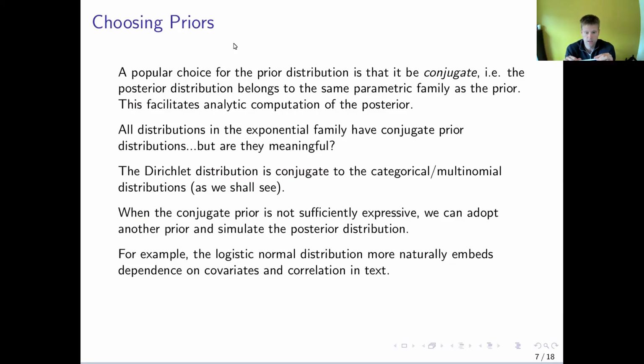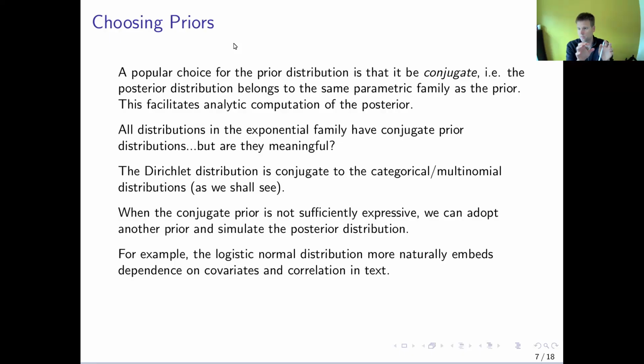So just to be clear about this, when we're talking about conjugate priors, I'm talking about choosing a family in which the prior has to live. When we say that the Dirichlet is conjugate to the categorical multinomial distribution, so we might want to use the Dirichlet prior, I still have not specified the particular Dirichlet, right? That's an important distinction.